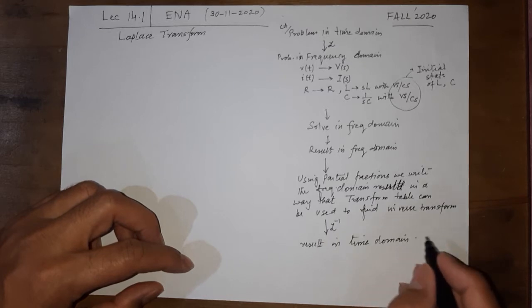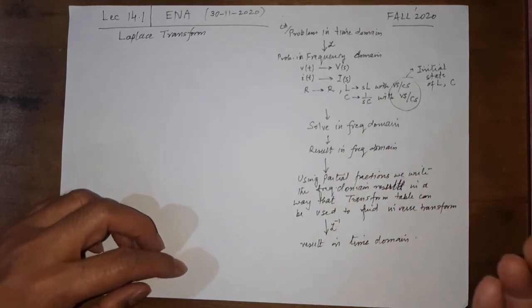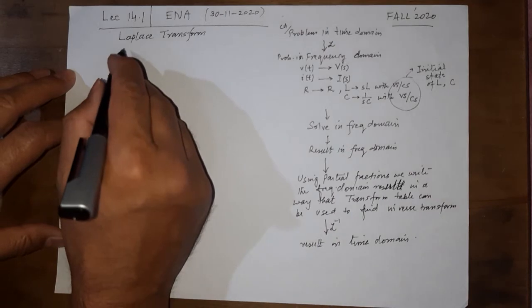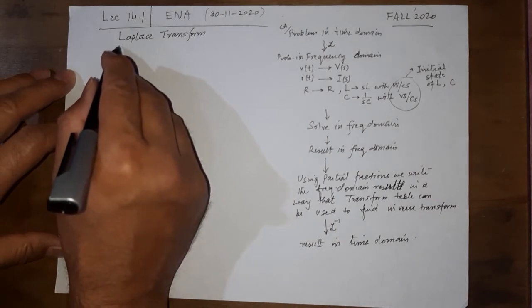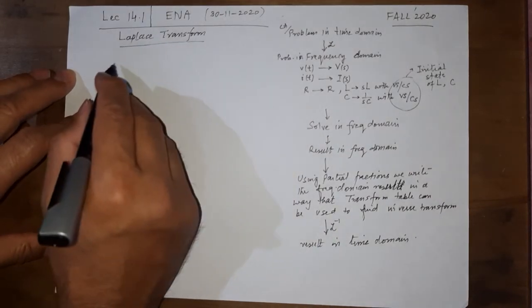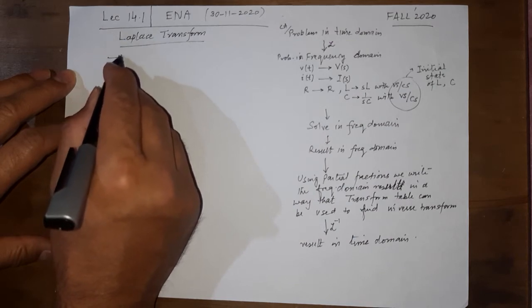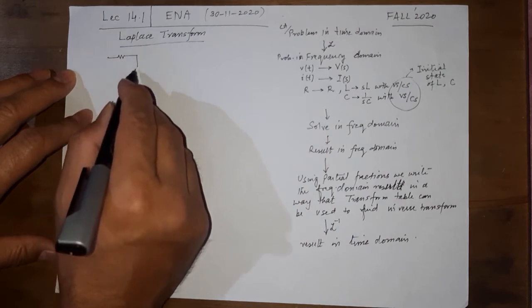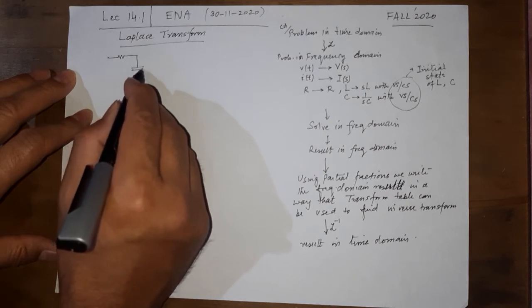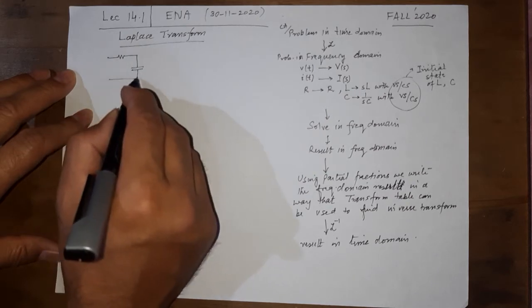So up till now we have seen this procedure at work, and so just to brush up, let me take a very simple problem. So let us say we have an RC network.